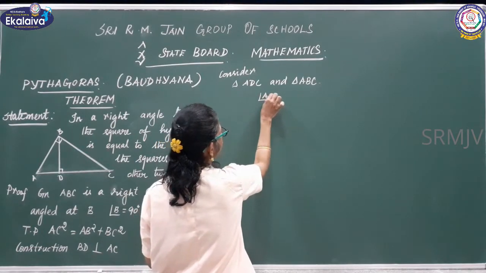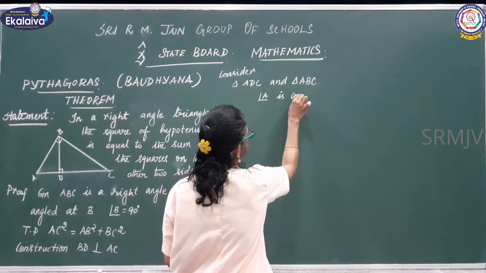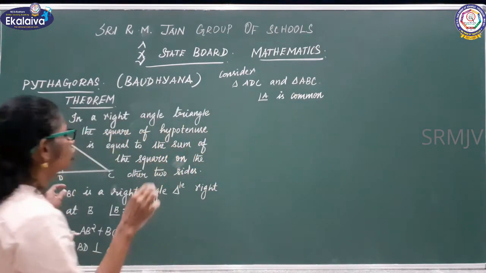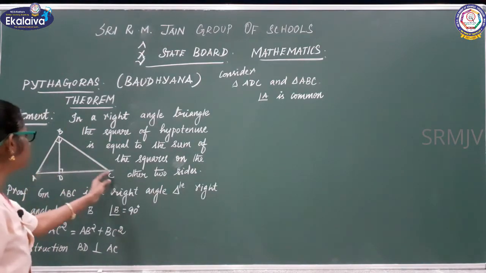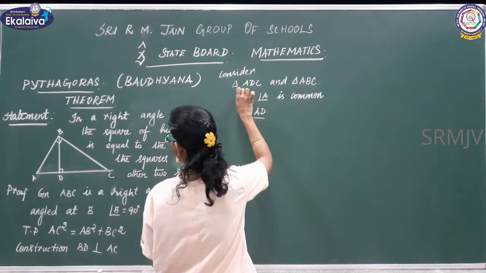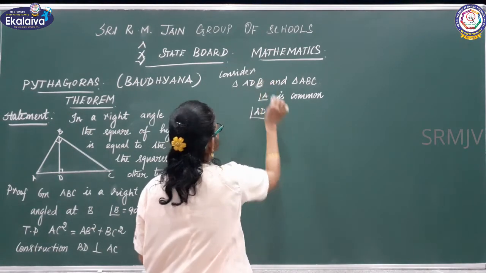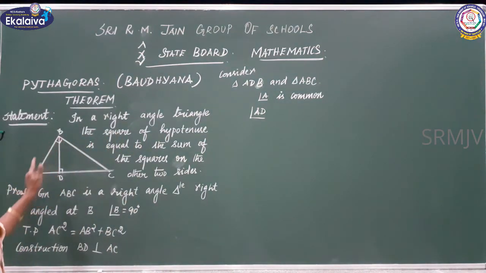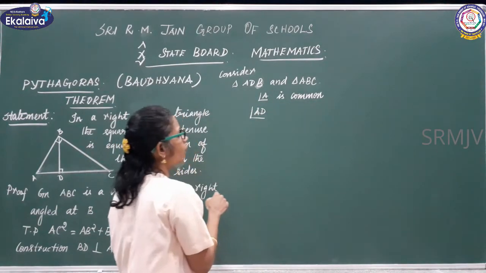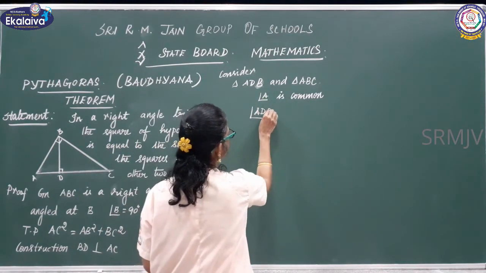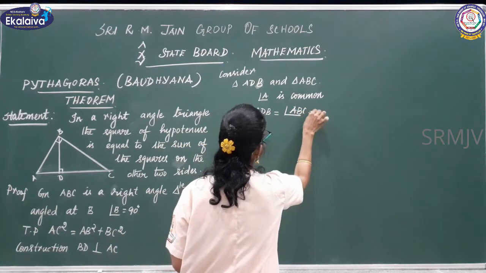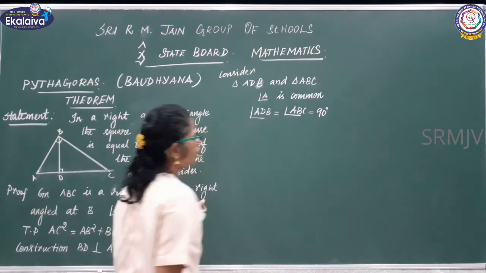Angle A is common. Then one more thing, angle ABC equal to, that is angle ADB, sorry. Triangle ADB and triangle ABC. Angle A is common. Angle ADB equal to angle ABC equal to 90 degree, right?